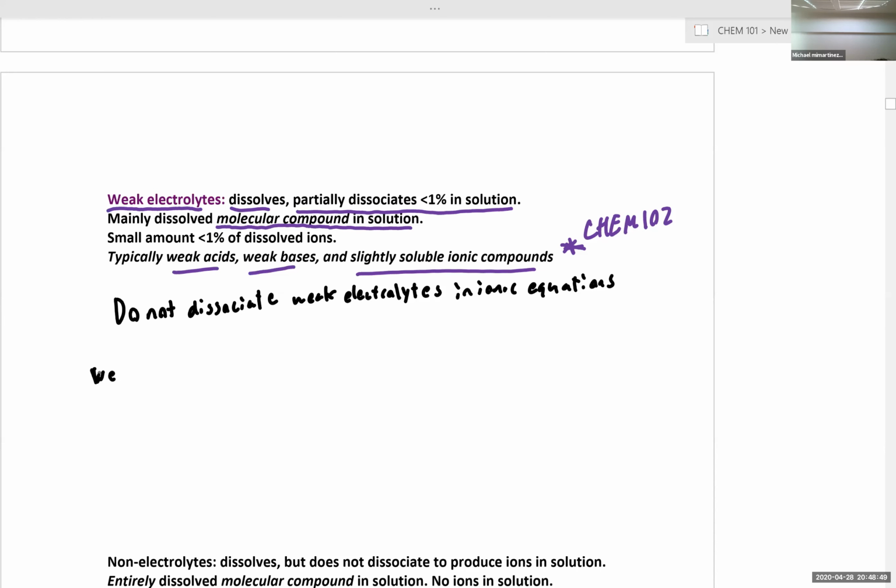Let's give an example of a weak acid. So what's an example of a weak acid that we have not discussed today? Just to keep things a little bit interesting.